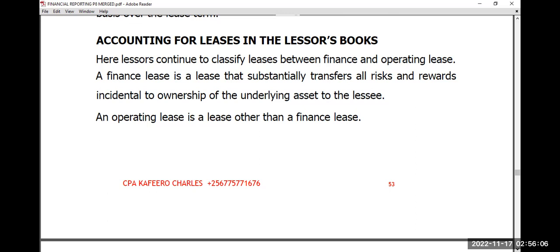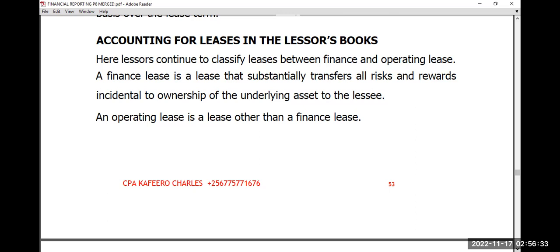Then the other, the operating lease, are the leases that are taking a lesser period. Maybe the useful life of the asset is, let's say, 10 years, but the person is leasing that asset for maybe 2 years or 1 year.